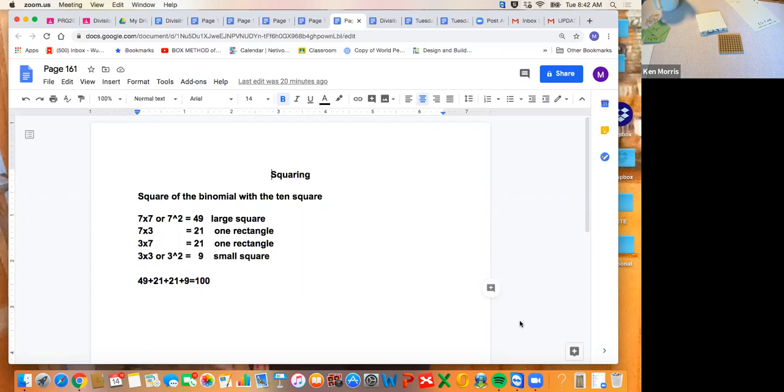They've been introduced to that in the powers of numbers lessons that we did yesterday, but they have a lot more analysis to do in that area. So that's pretty much it for level 1.